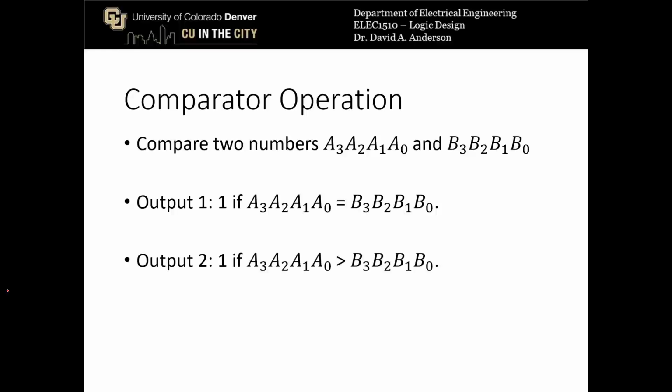Output 2 is going to be a 1 if A is greater than B. Output 3 is going to be a 1 if the number A is less than the number B. So we're performing 3 comparison operations: equality, greater than, and less than.